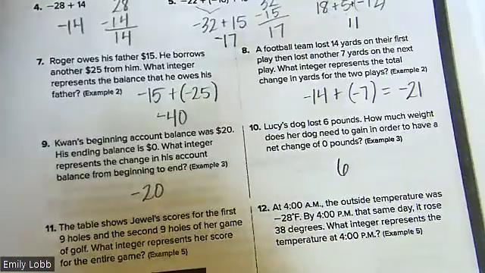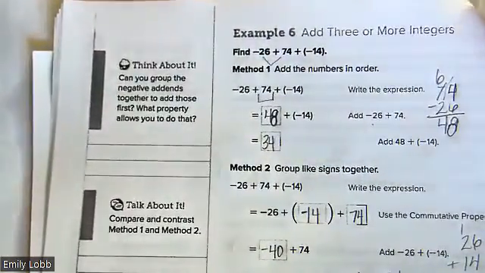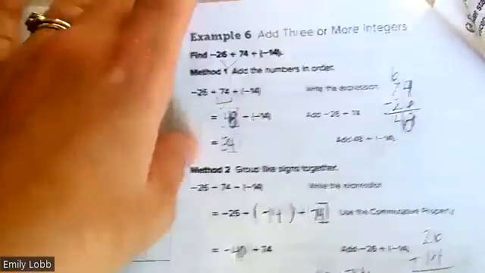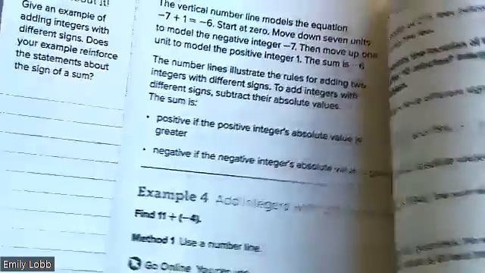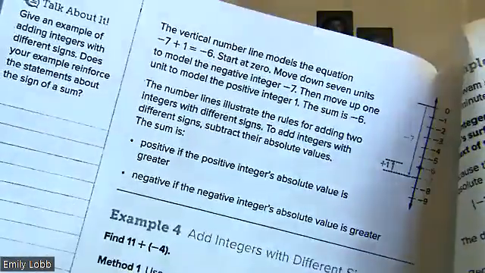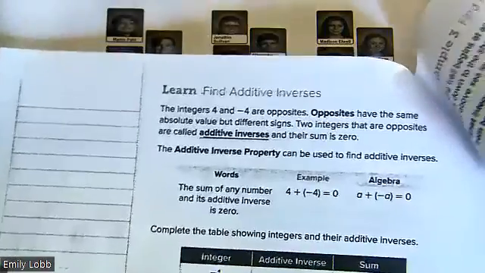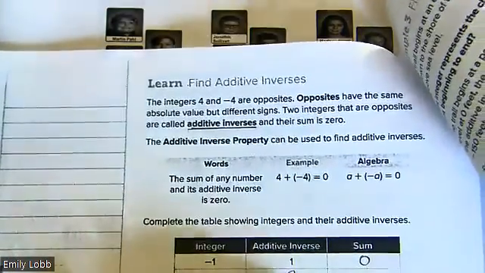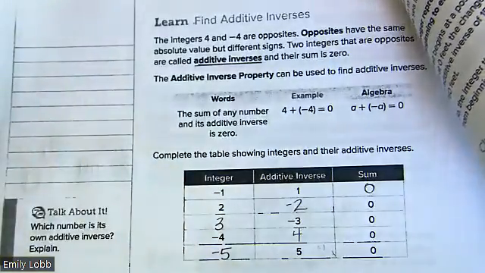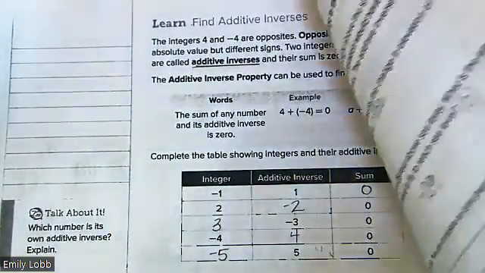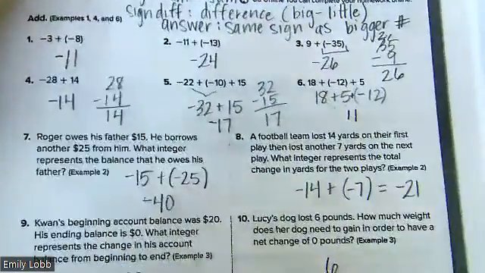Do you guys remember? What do they call it? Additive inverse. There it is. What do we need to make for their sum to be zero? That's the additive inverse. What would we add for the sum to be zero? All right, so that's what those questions are dealing with, the additive inverses.